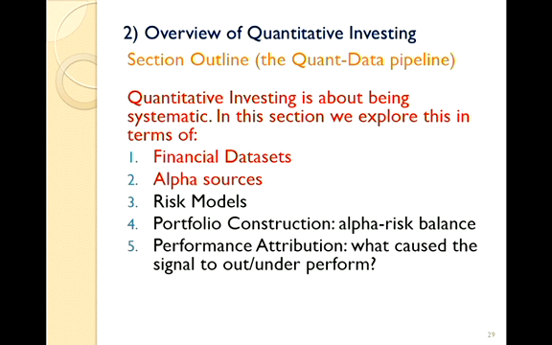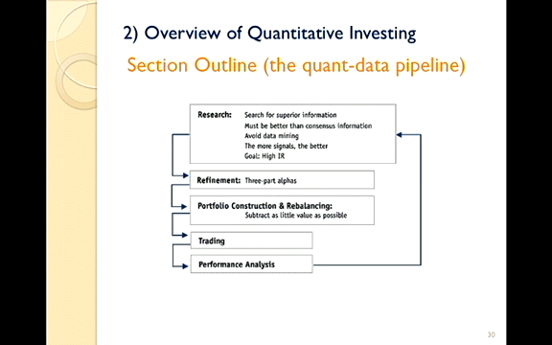So let's look at a quick view of the quant data pipeline. I pretty much mentioned it just then, but basically the idea is you do research, and the research means getting really quite down and dirty with the data.